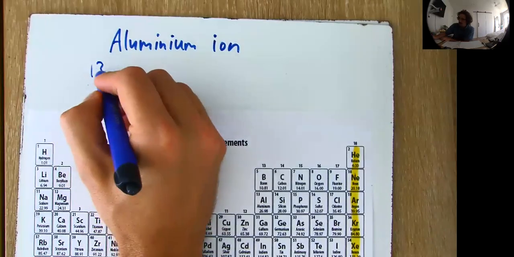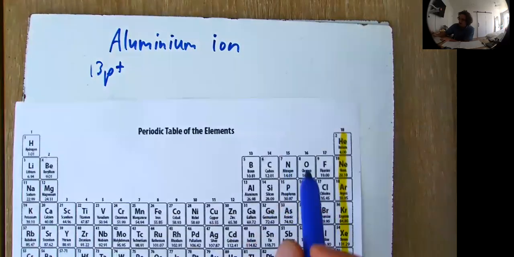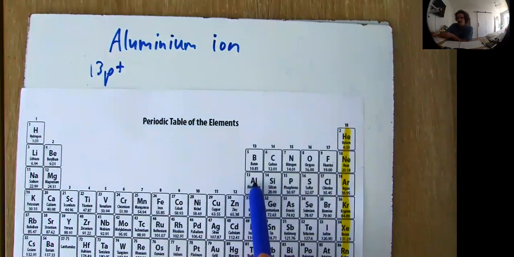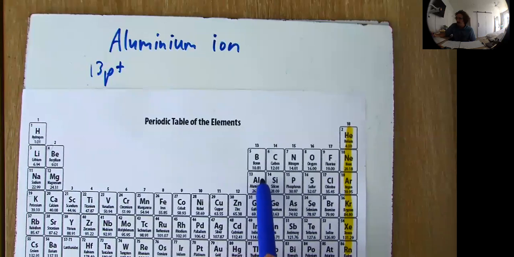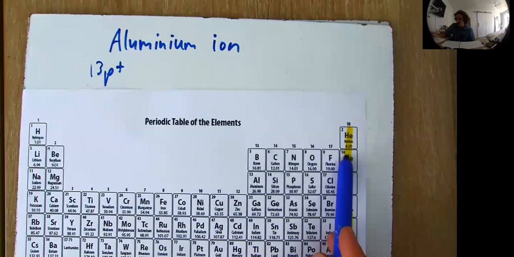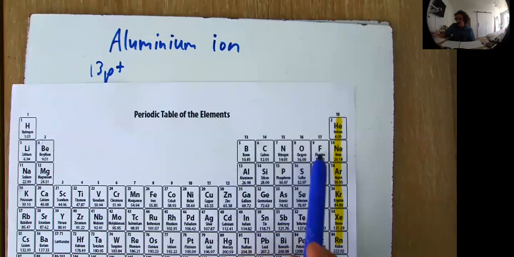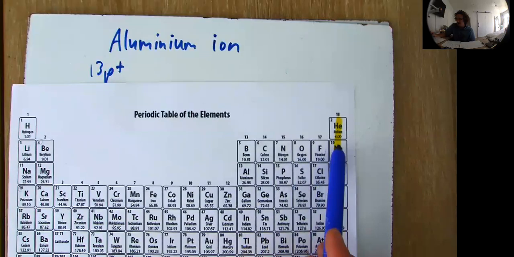That means we know there's 13 protons. Well, aluminum is number 13, but it's written over here on the right side of the periodic table. Still, which noble gas is closest to number 13? It's not number 18, it's actually number 10, because the number 13 is closer to number 10 than it is to number 18.